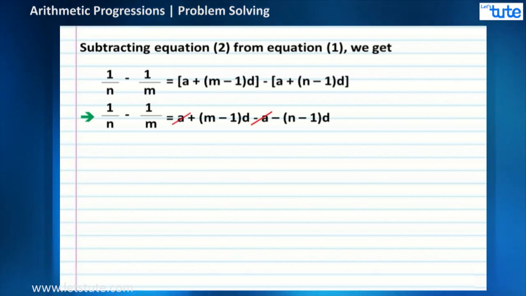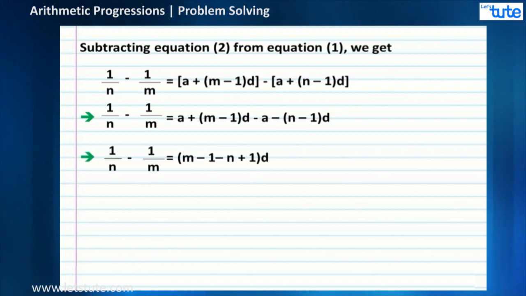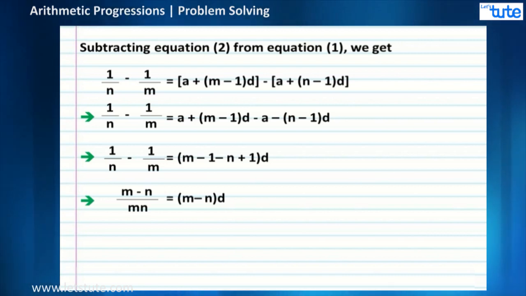Now by cancelling out a and minus a and by opening the brackets, we get 1 upon n minus 1 upon m is equal to m minus 1 minus n plus 1 into d. Now again we can cancel out minus 1 and plus 1. By doing that, we get m minus n upon mn is equal to m minus 1 into d.